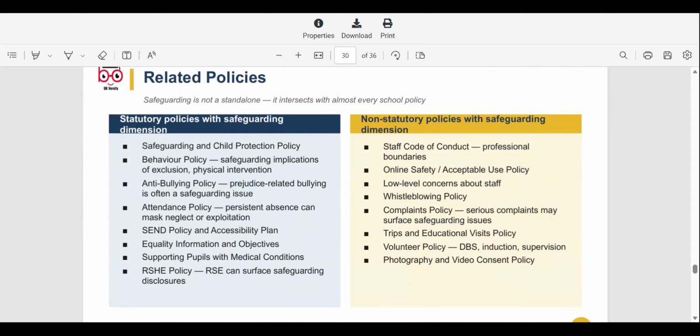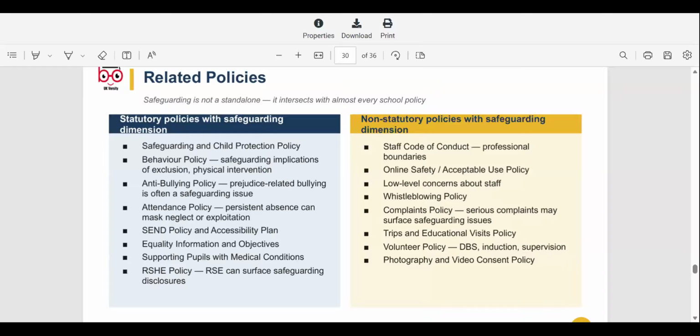So, related policies. You have the statutory policies: safeguarding and child protection policies, behaviour policies, anti-bullying policies, and attendance policies, making sure you put in place attendance requirements, so if someone's late all the time, or if there are any elements of neglect. Then supporting pupils with special needs.